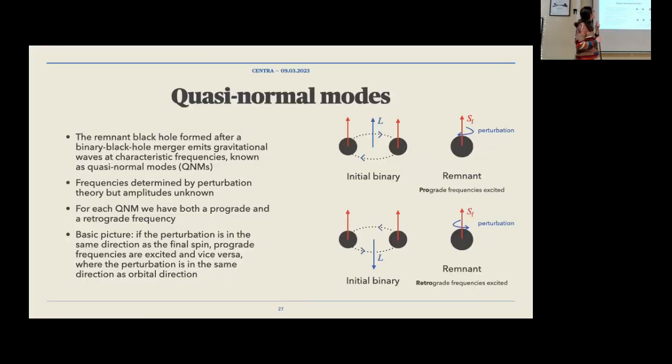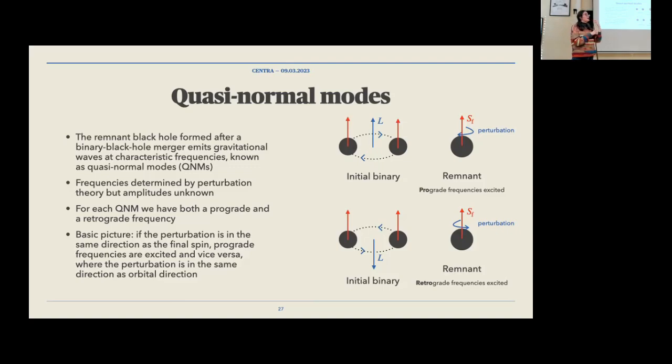So I briefly just wanted to go over this effective ring-down frequency, the shift in the ring-down frequency as we go into the co-precessing frame. I'm sure many people may be familiar with quasi-normal modes, which are excited when you have the remnant black hole formed by the merger of the two initial black holes.